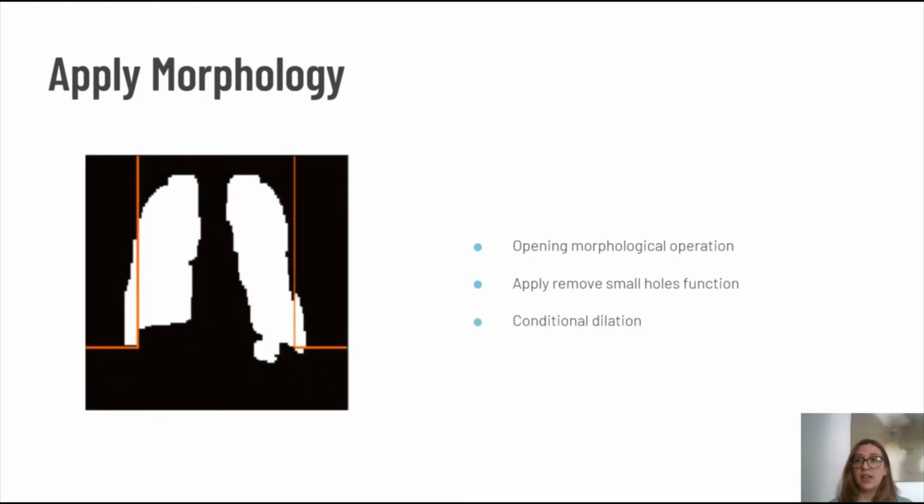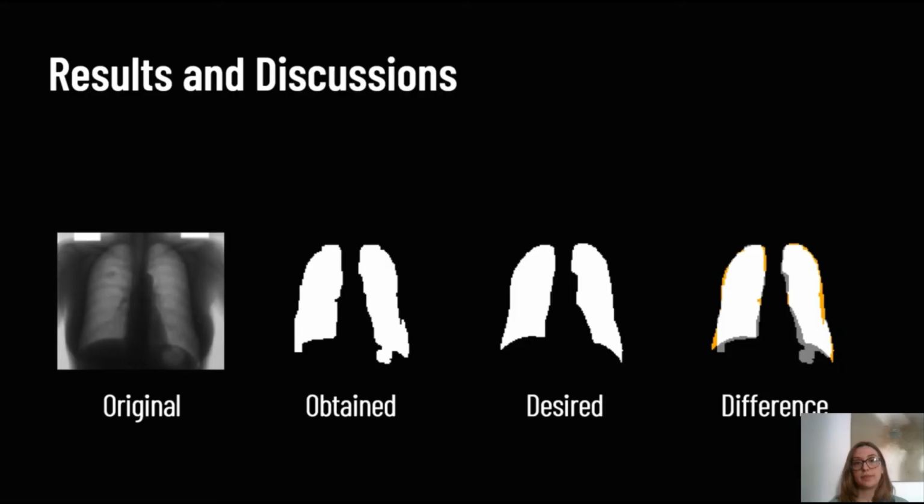And the last task of this step is applying a conditional dilation, because the cardiac region here is already well defined by the binarization process, but the ribs edge area is normally jeopardized during the binarization. So we apply the dilation only on the expected rib edge based on the position.